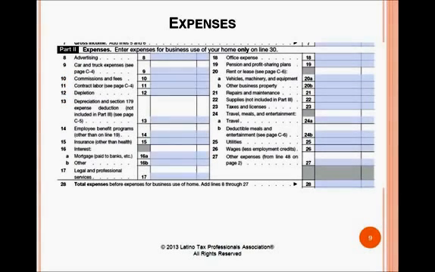Now here's a listing on Schedule C of all the different categories of expenses. What happens many times is you have clients that are self-employed, have their own business, but they come in and sit down at your desk with nothing in hand. And they look up at the ceiling when you're asking for these expenses and they're guesstimating. Well, I spent about $1,000 on advertising.